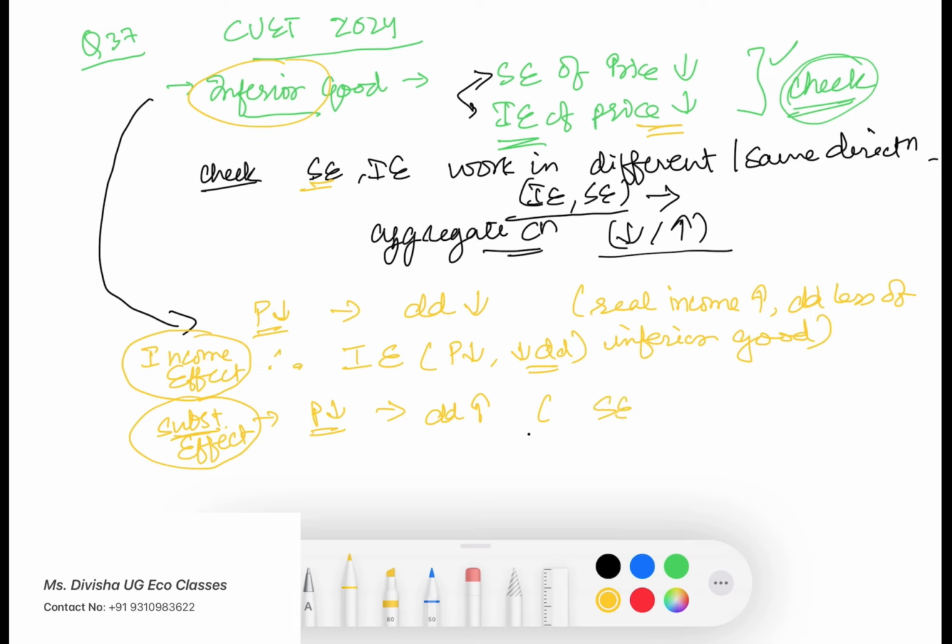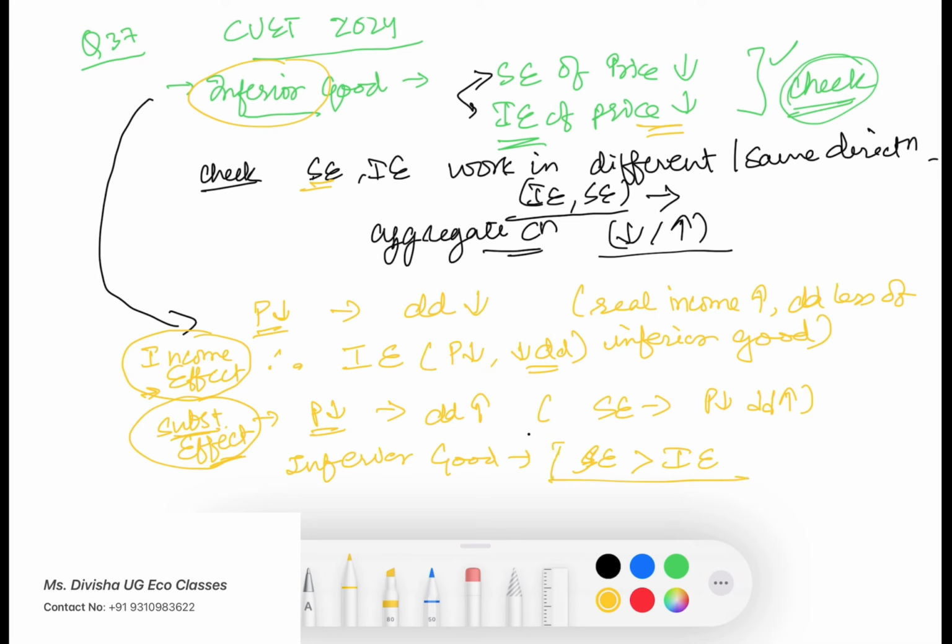So the substitution effect is such that because of the fall in price, the overall demand will rise. Okay, now which of the two, substitution or income effect, is greater? For an inferior good, remember this thing, that the substitution effect is more powerful. This is greater than the income effect.